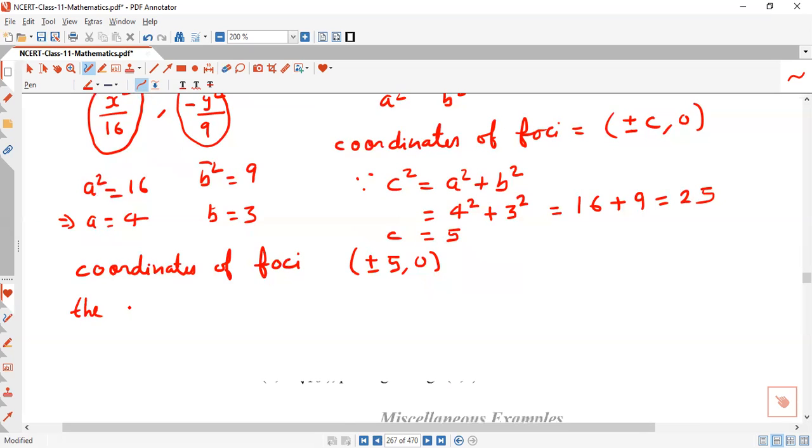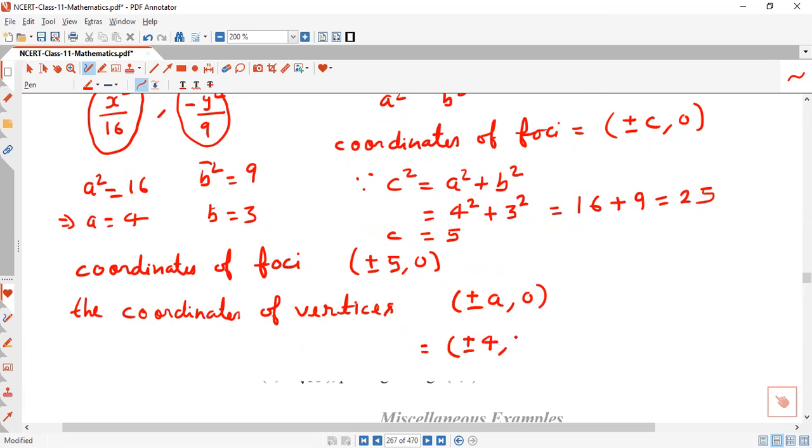The coordinates of vertices will be plus minus a comma 0, and here we know a equals 4, so it will be plus minus 4 comma 0. So we have two vertices.